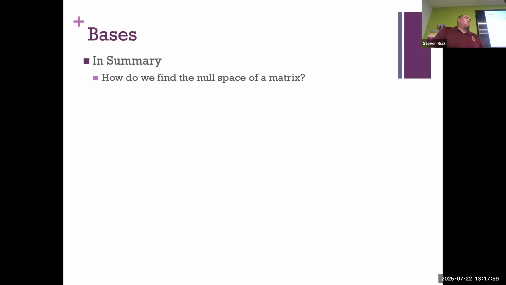How do we find the null space? We did some Gauss-Jordan elimination, right? So we did some Gauss-Jordan or reduced row echelon form of the matrix. And then once we finished that, what did that allow us to do?